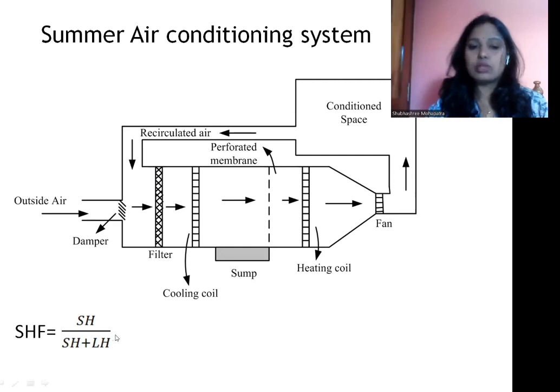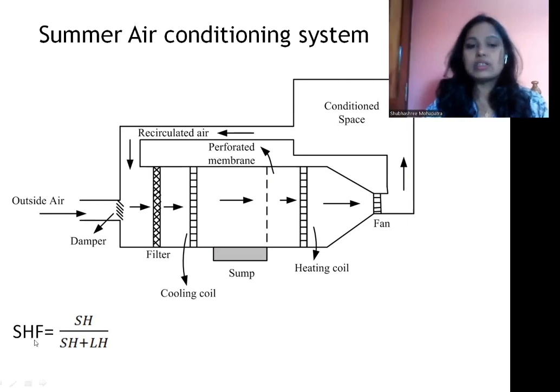If the latent heat load increases, the sensible heat factor will decrease. So to increase the sensible heat factor to the prefixed value, we have to increase the sensible heat. So in the heating coil, we are only increasing the sensible heat of the entering air.